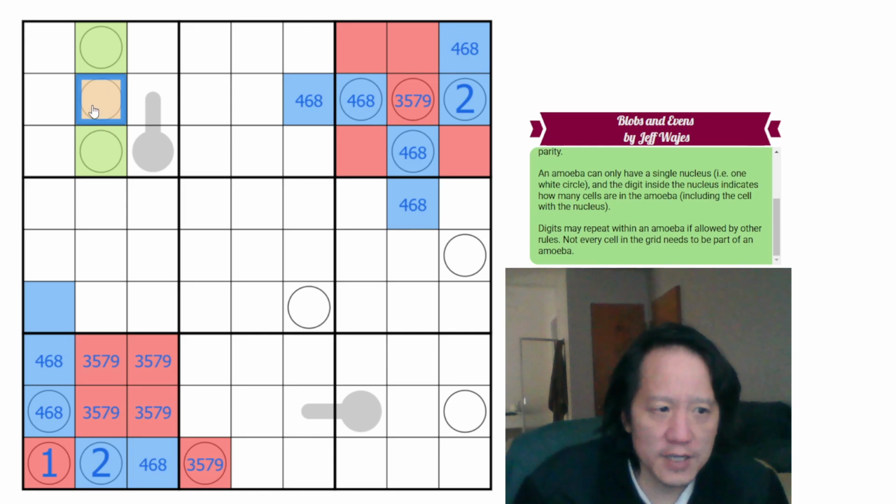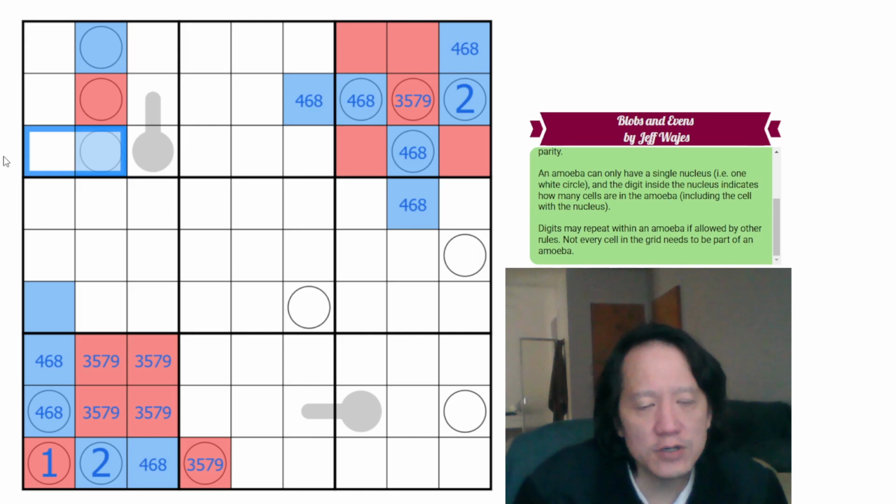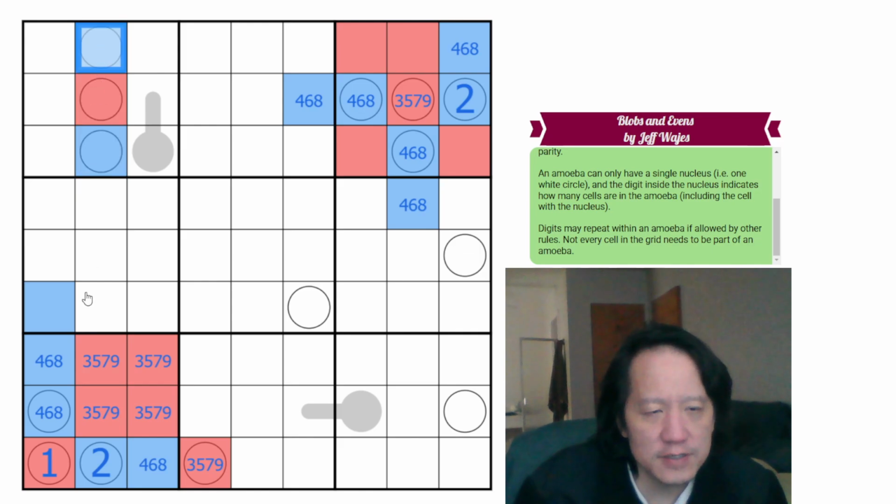Therefore, this cannot be even, because then it would be an amoeba of 1 size, and therefore it would be odd. Therefore, this has to be odd no matter what. So this is odd, and the greens are even, so they're now blue. So these are even, so this could be 1. This is even, and that's even.